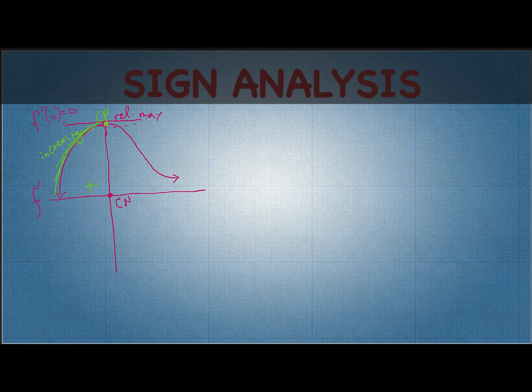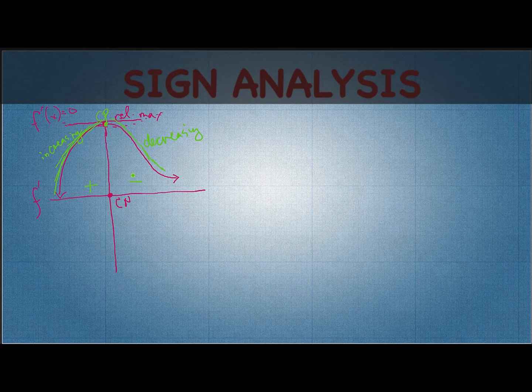While from this point going to the right, we have here slopes that is inclined downwards from left to right. So it means that this part here, the graph is decreasing. Okay, and the sign of our first derivative is negative.